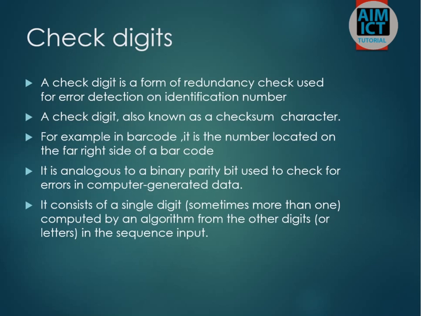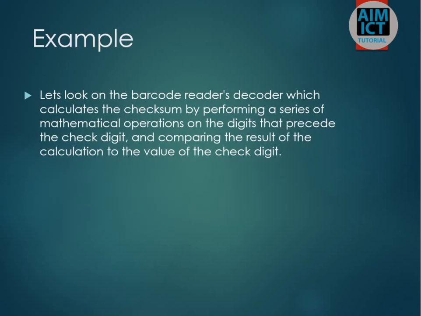It is an analog of a binary parity bit used to check for errors in computer generated data. So check digit is an example, just like the IMEI number on mobile phones.